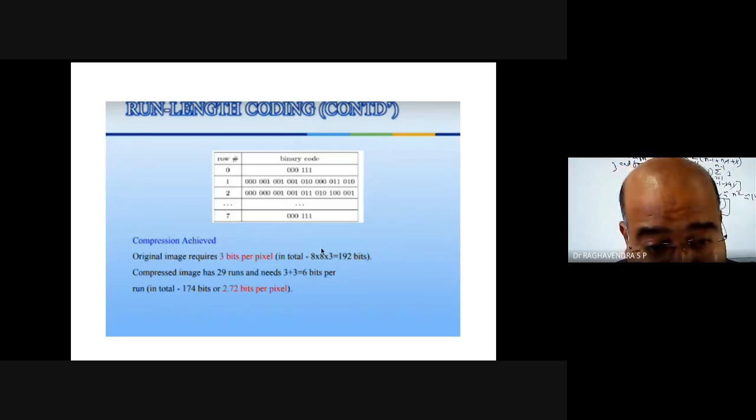Okay, original image, how much is consumed? If you convert that into 3 bit representation, 192 bits. Next, compressed image. Okay, compressed image has 29 runs.